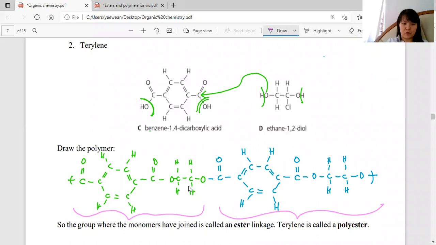We've drawn four monomers here. One, two monomers, three monomers, and four monomers are used to form this polymer. But remember, this is just two repeat units, because each repetition has two of these monomers.